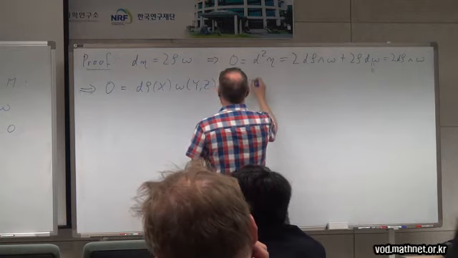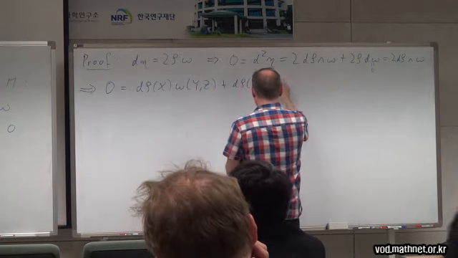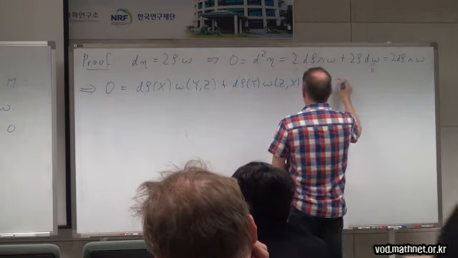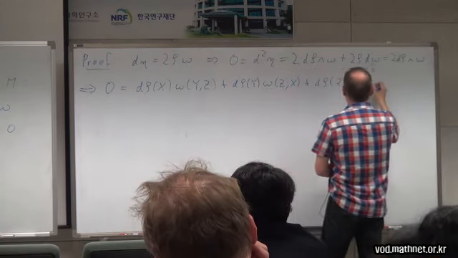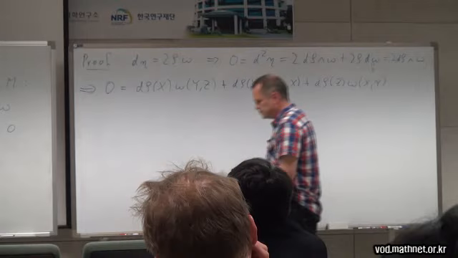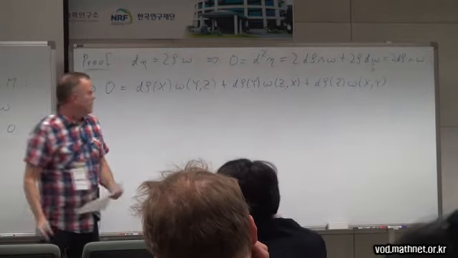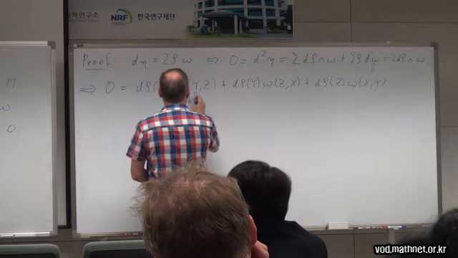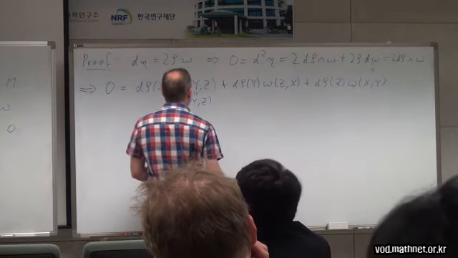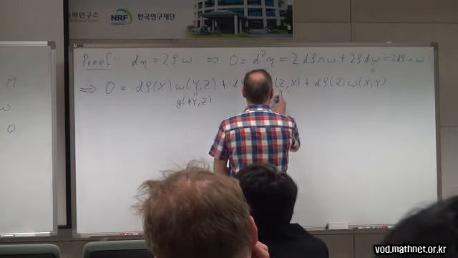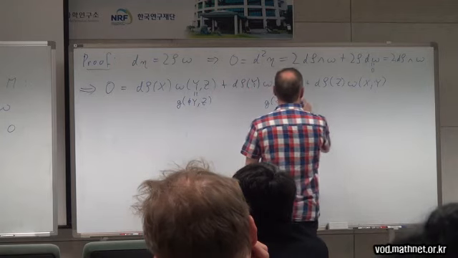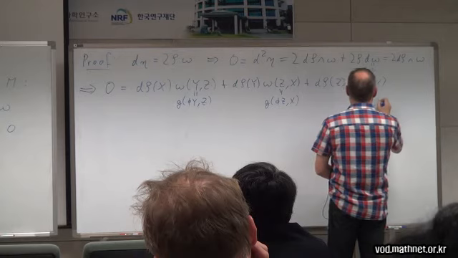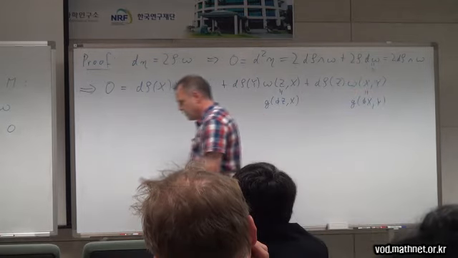Plus d rho of y omega of zx plus d rho of z omega of xy. So omega yz is the same as g of phi y with z, that's the inner product of phi z with x, and that's the inner product of phi x with y.